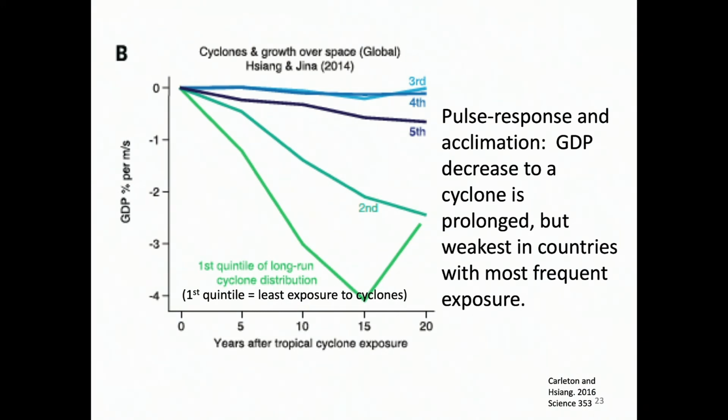And these are the pulse response functions, and what you can see is that GDP per capita declines in this weakest quintile after hitting a cyclone and continues to decline for 15 years, all right, before starting to rebound a bit. In the second quintile, it declines and continues to decline for 20, but the decline is weaker.